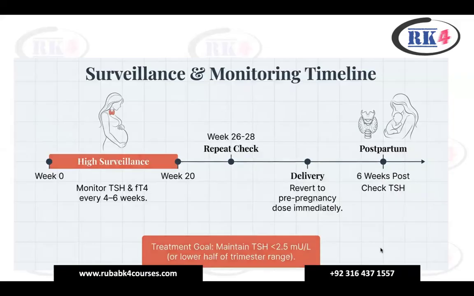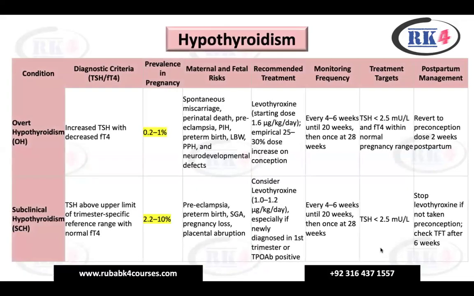And this one next slide is the complete summary of what I have spoken about. Everything is given in this one slide. Diagnostic criteria, the prevalence, the maternal and fetal risks, which I have not dived into. You can go through this. What is the recommended treatment, monitoring frequency, treatment targets, and postpartum management. So you can revise either the previous slides or just this one slide, and your hypothyroidism during pregnancy is covered.